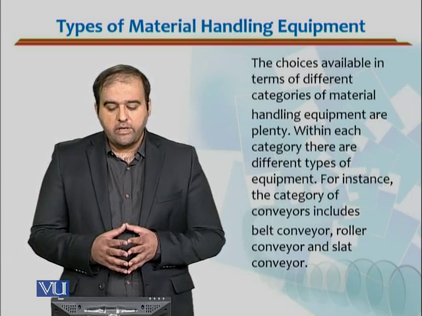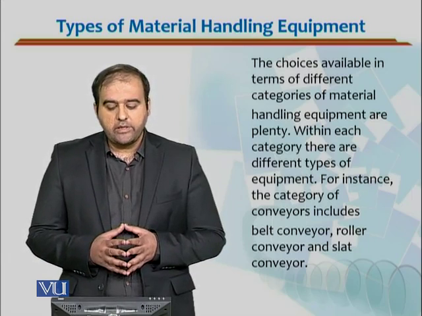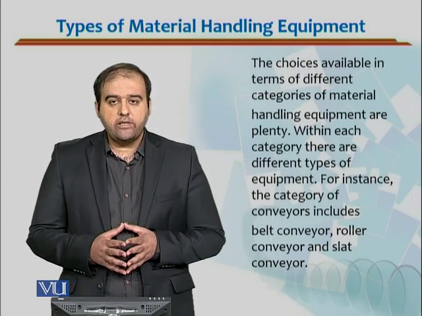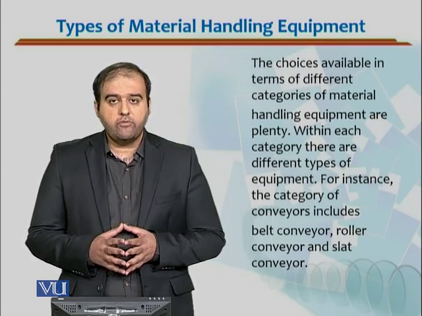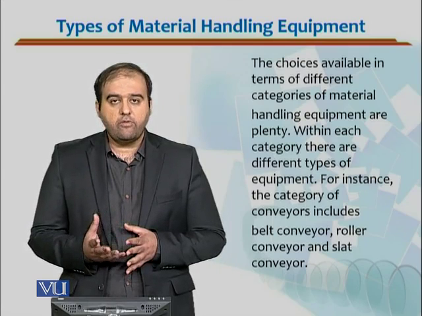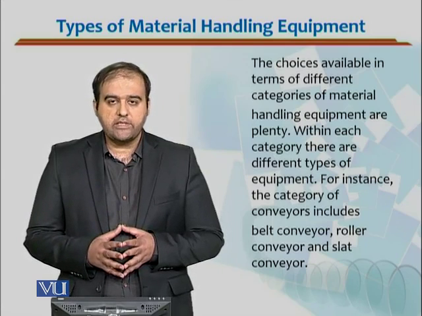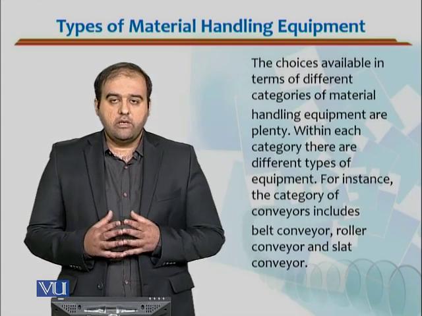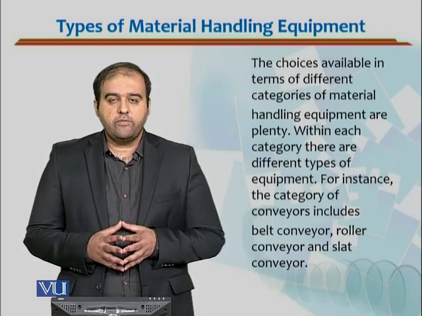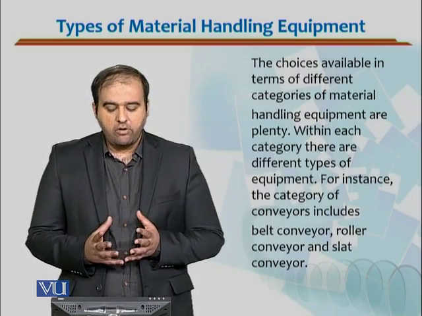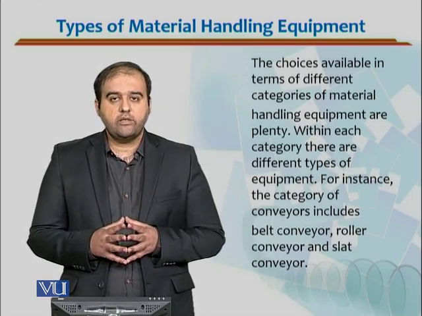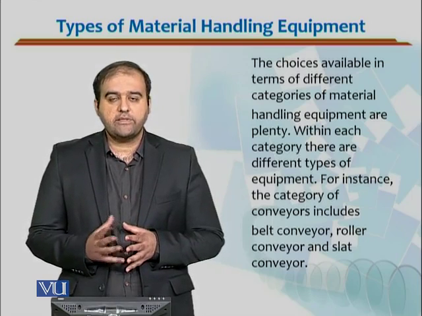The choices available in terms of different categories of material handling equipment are plenty. Within each category, there are different types of equipment. For instance, the category of conveyor includes belt conveyors, roller conveyors, and slat conveyors. In different industries internationally, all of these types of conveyors are present and extensively used.